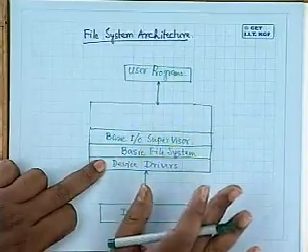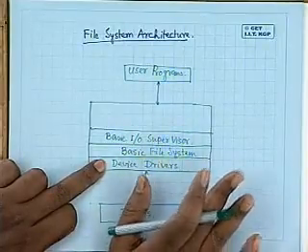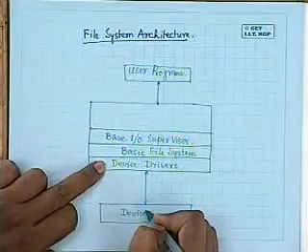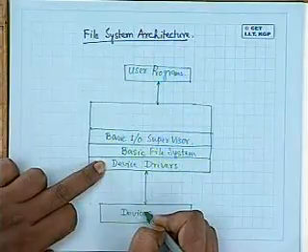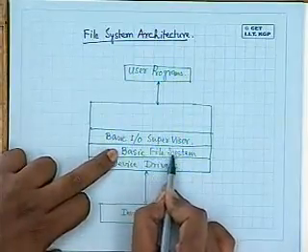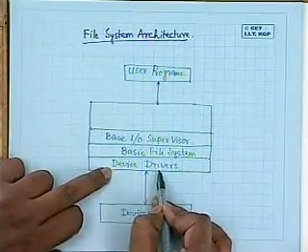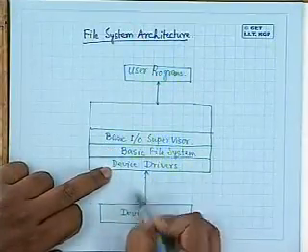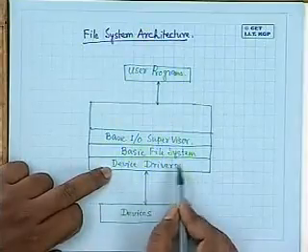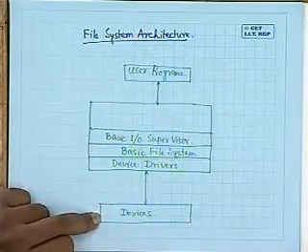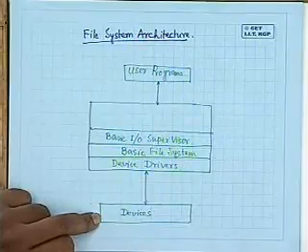That means whenever the I/O has been completed. So, for example, we want to read a particular block from the disk, so it has to start reading the block from the disk. Okay. Similarly, when a particular block from the disk has been read, that will be placed on the buffer by this basic file system. But it is the device driver which is responsible for sending an interrupt or something to the CPU, indicating that that particular I/O operation is complete.